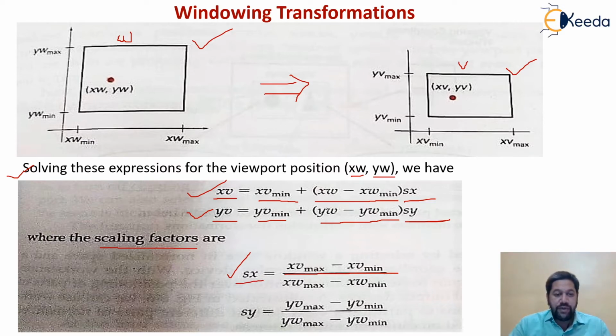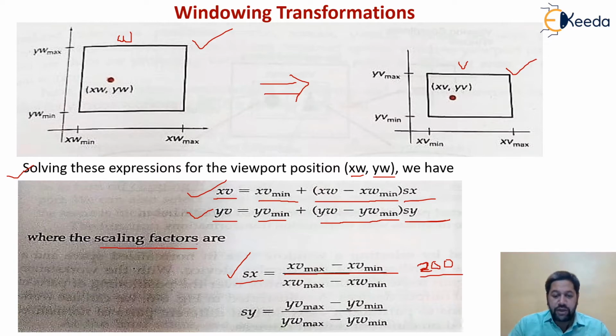For example, in the previous example, suppose xv maximum is 300 and xv minimum is 100. The difference I get is 200.